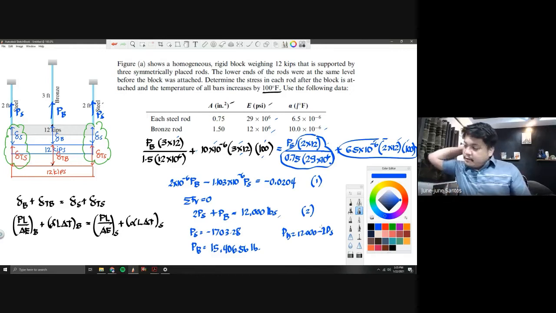Okay. Solving for PS. Ayun. Tama. So, PS is 7,000. Magkaiba. Lumalabas. Why?